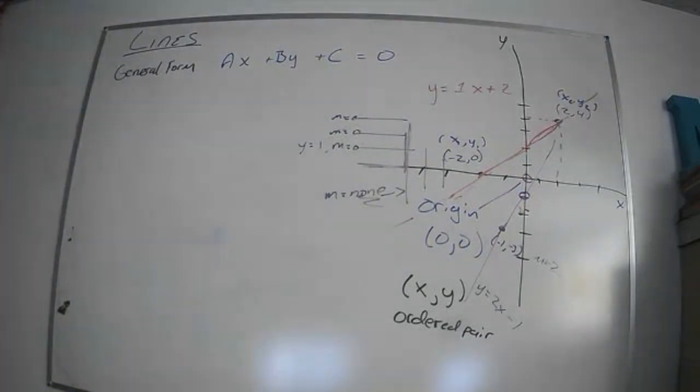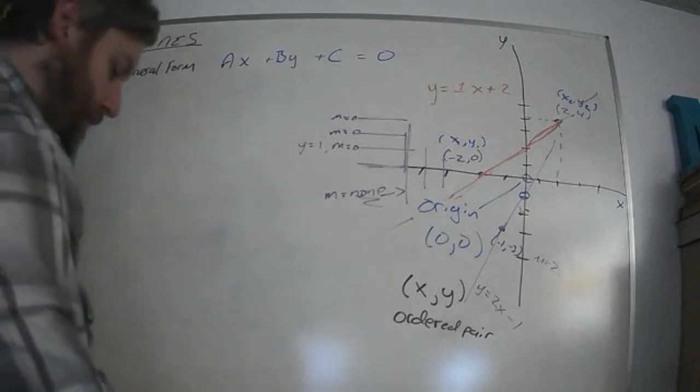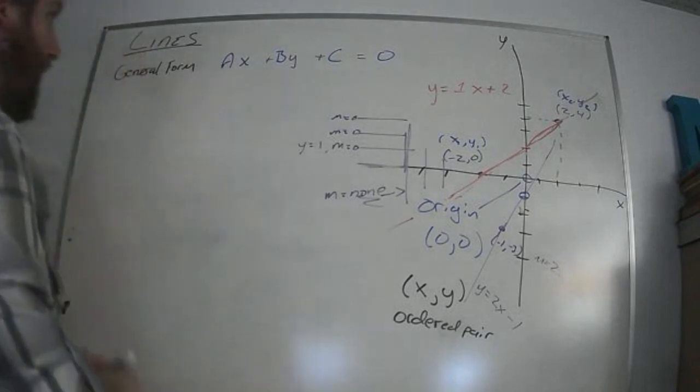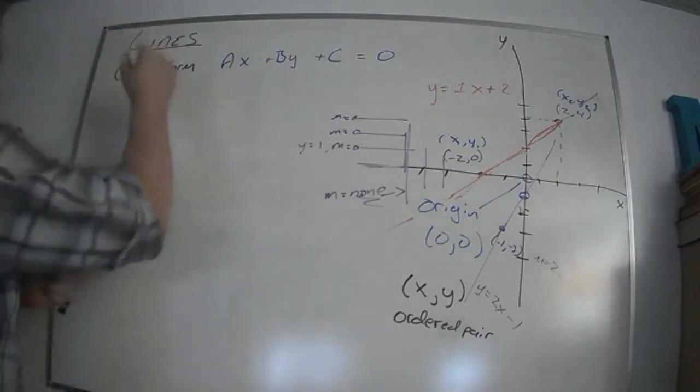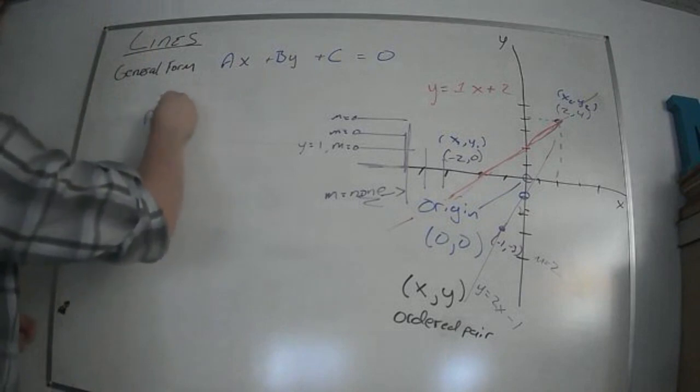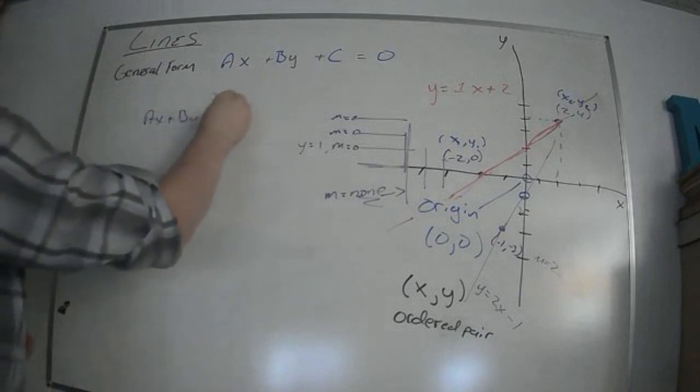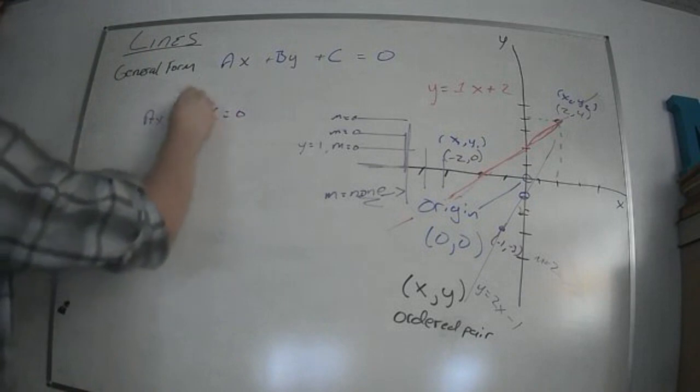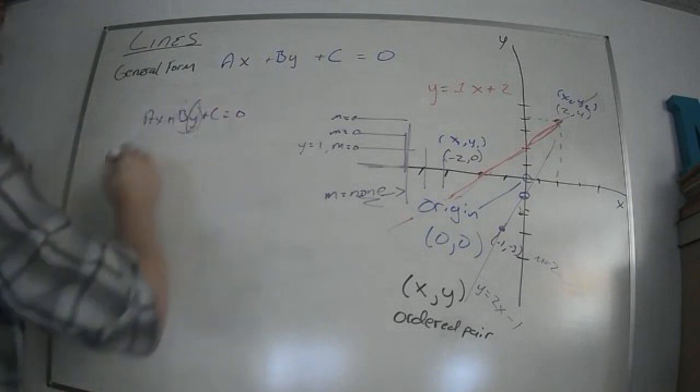So to relate these two things, I'm going to solve this equation and put it into slope-intercept form. So I'm going to take this line. I'm going to say that ax plus by plus c equals 0, and I'm going to solve it just for y.